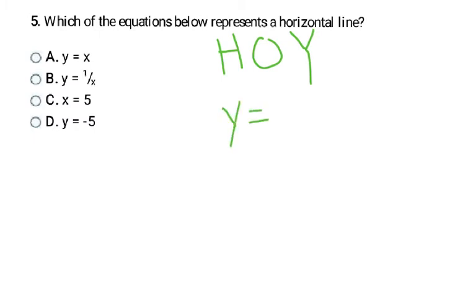That means I'm looking for y equals a number for a horizontal line equation. So y equals a number. There should be no x in this equation. That's going to be letter D. So that's why we put the y in our acronym, to help us remember it crosses the y-axis, and it's also y equals a number in our equation.